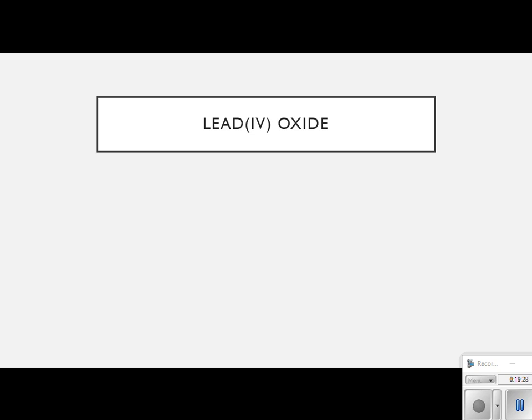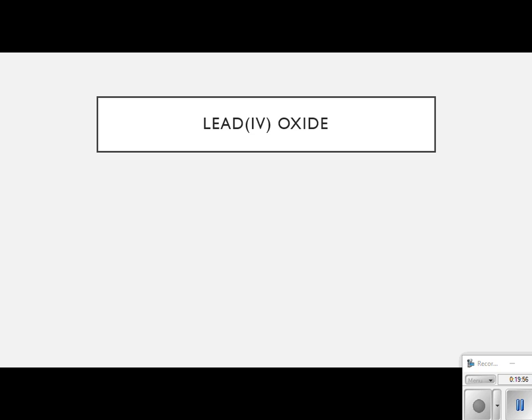Grace, what are they? +2 and +4. Now, what are those numbers? Look at the key. What is it? The oxidation states. And lead has 2 oxidation states.